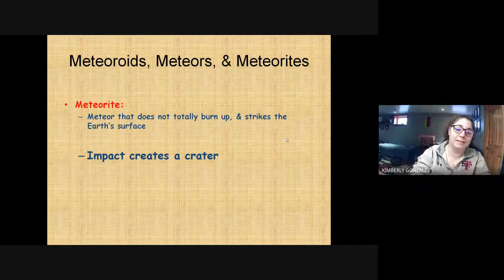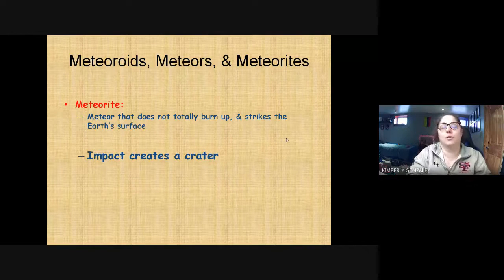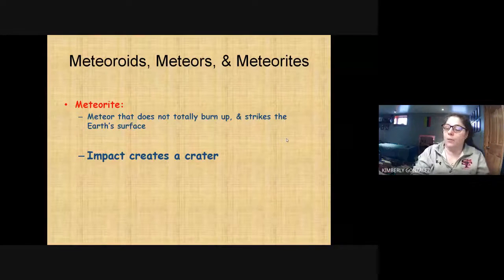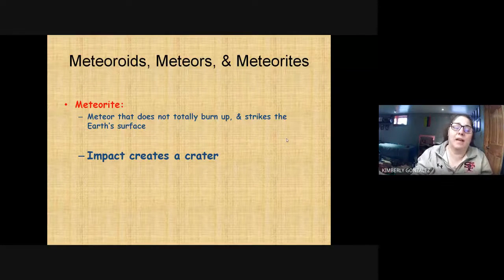But know the difference between a meteoroid, which is outside, a meteor, which is a shooting star, and a meteorite, which creates an impact crater. That's how we get some of our craters. But remember, we don't have a ton of them because we have that thick atmosphere.